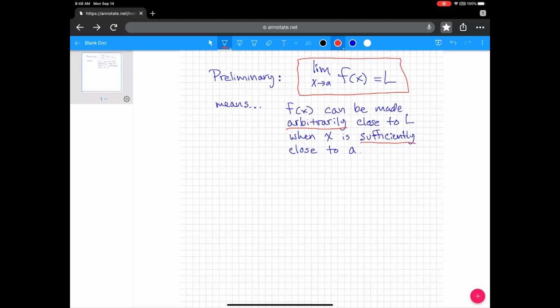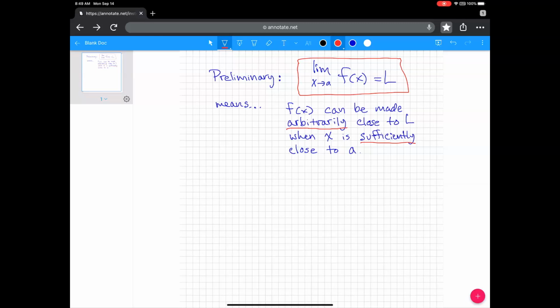So for example, if L is 7 and f of x is x squared, then when x is equal to 2 and I plug that into the function, I get 2 squared, which is 4. And then I could decide whether I thought 4 was close to 7 or not. So when you say f of x can be made arbitrarily close to L, we're talking about the number f of x gives you can get as close to some number like 7 as we want.